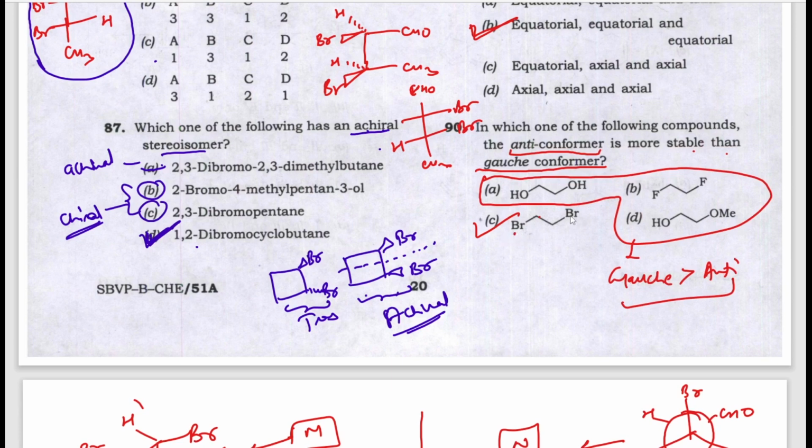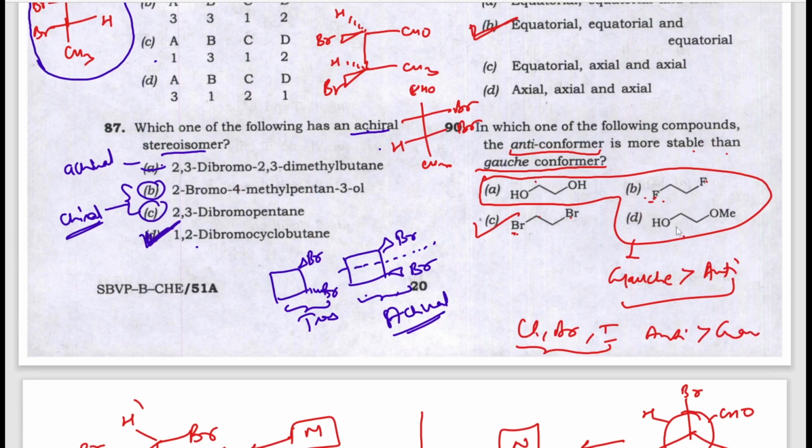Clear? But if we consider the case of 1,2-dibromoethane, in this case there are two bromine atoms. In this case there are two fluorine atoms. Due to the smaller size of the fluorine atom, gauche form is stable. But in the case of chlorine, bromine, iodine, due to large size, anti form is more stable as compared to gauche.